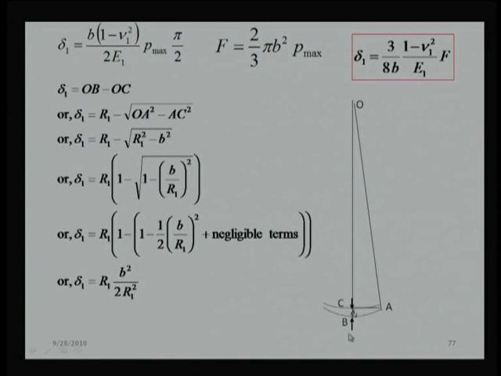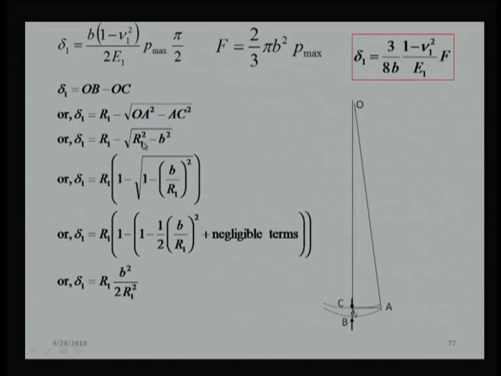We know OB is the radius R1, while OC can be represented with this right angle triangle, that is OA square minus AC square. OA we already know is R1, and AC is in terms of B, the half width, as we consider the overall extent of the contact zone as 2B. So, this will turn out to be B.